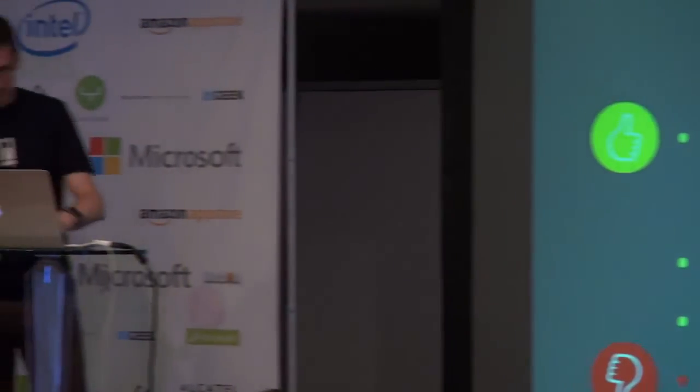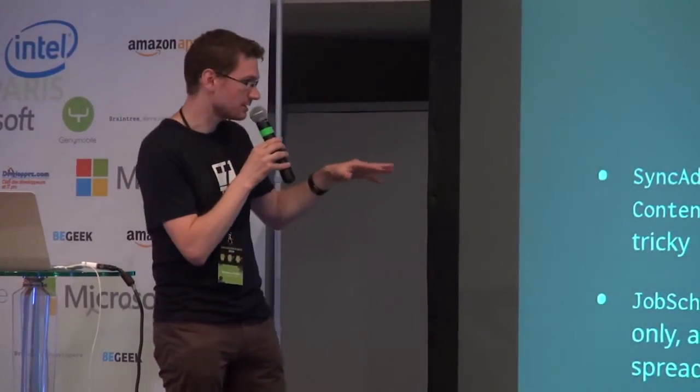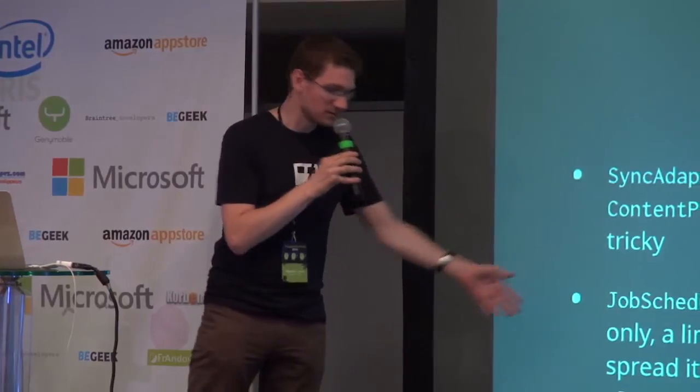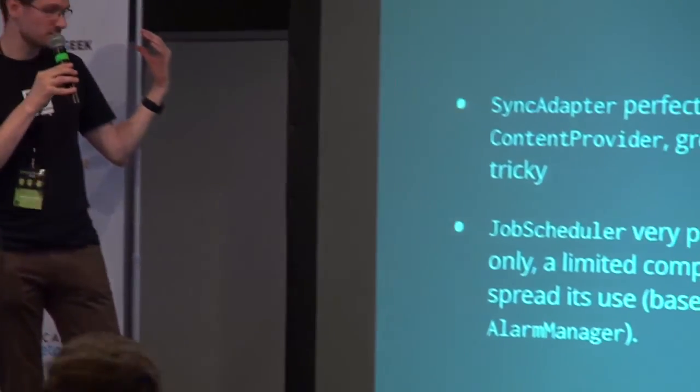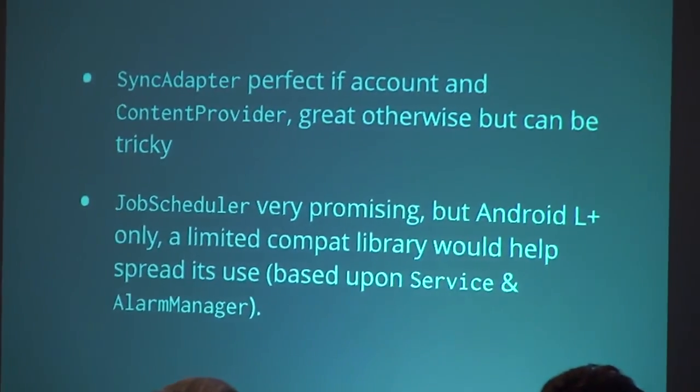But it can be improved, I think, by using possible retro-compatibility libraries that we can build based upon Service and AlarmManager, just as I've done before when I showed you the first solution.